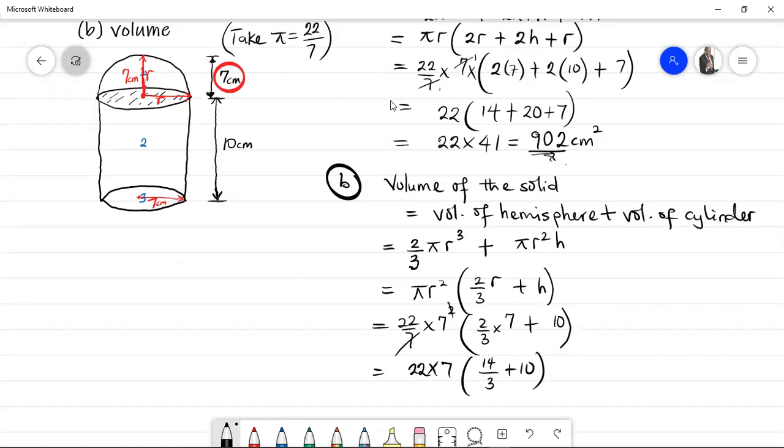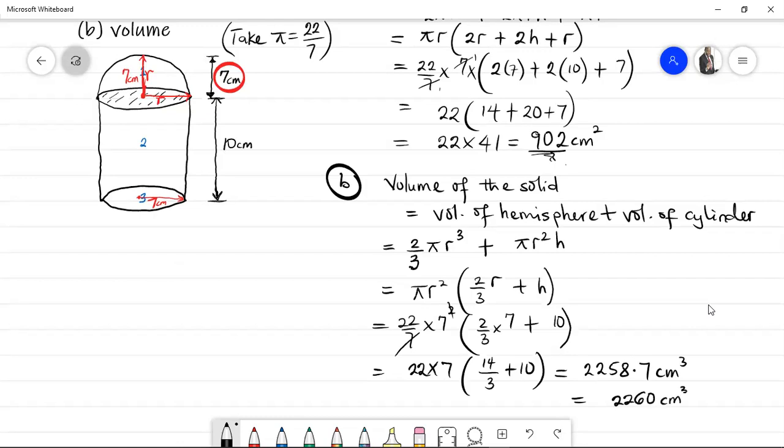If we continue and solve this properly, we're going to end up getting our final answer of 2,258.7 centimeters cubed, which, if you approximate, gives 2260 centimeters cubed.